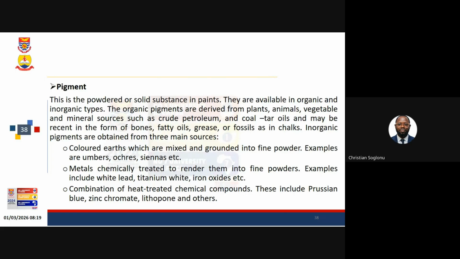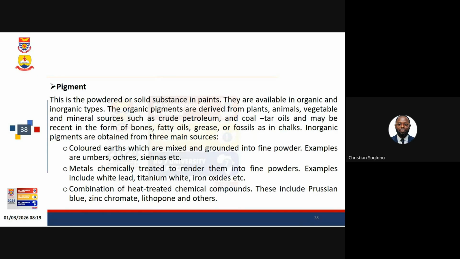So in our paints, what is the color or the hue of the paint? You can see that you can grind chalk. Yes, let's say yellow chalk. When you grind the yellow chalk, you get it in a powdered form.